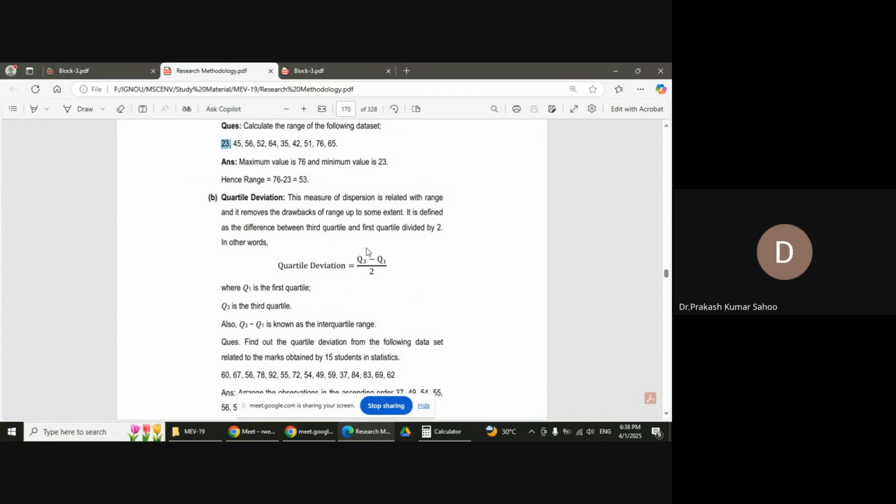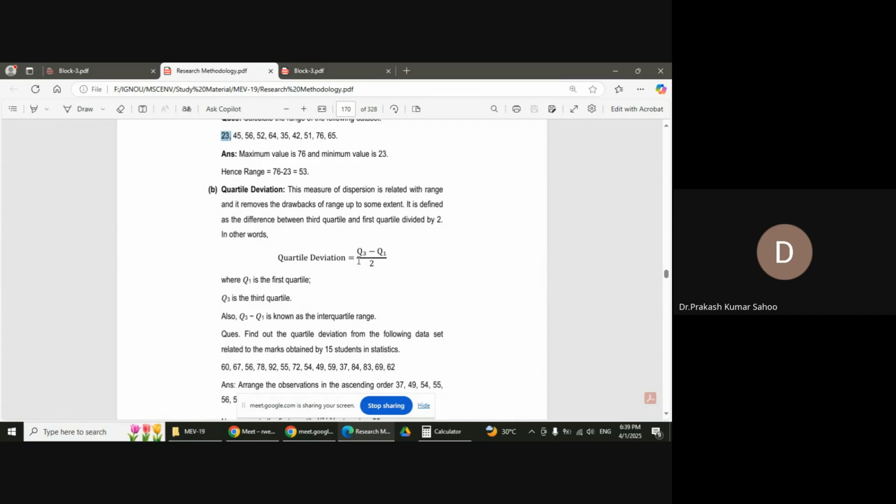Just see here, this measure of dispersion is related to range, and it removes the drawbacks of range to some extent. It is defined as the difference between the third quartile and the first quartile divided by 2. The third quartile is from 11 to 15, and Q1 is from 1 to 5. So it is divided by 2, and it becomes your range.